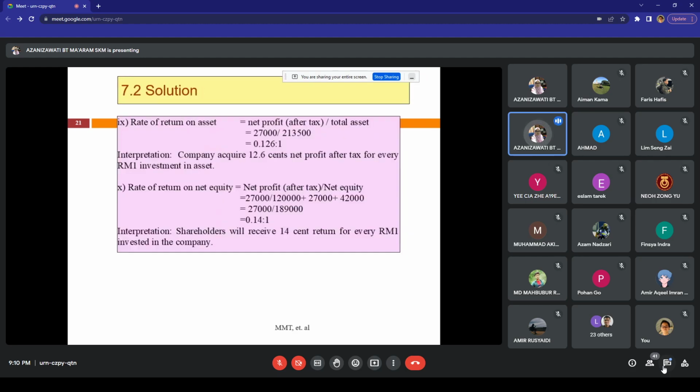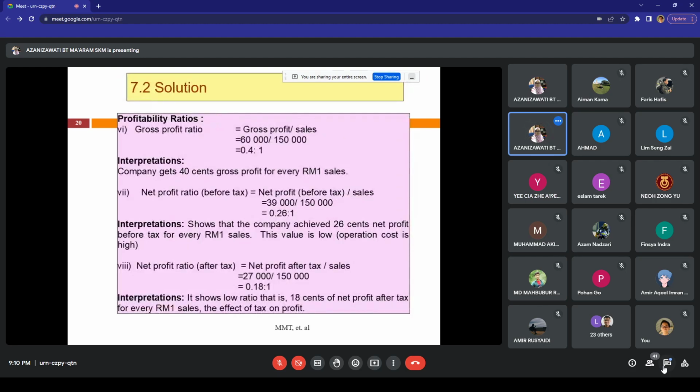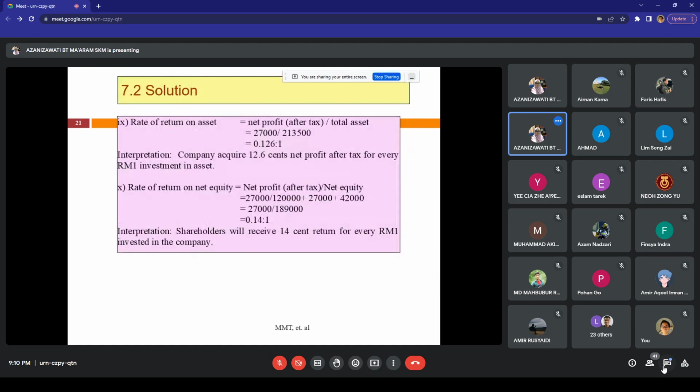Okay, any question on ratio? Any question?